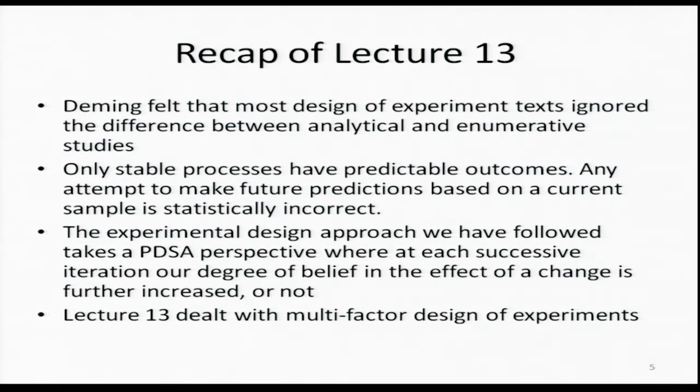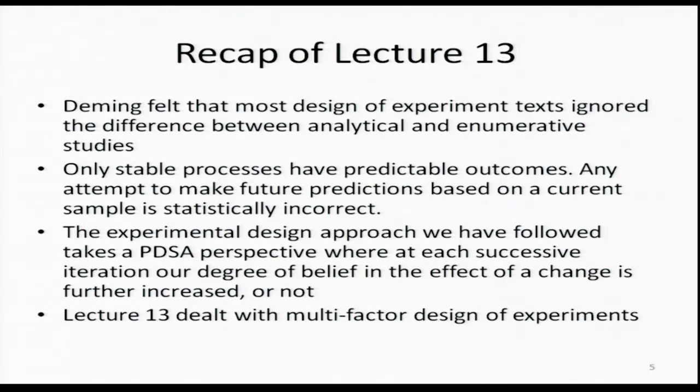In analytical studies, you basically try to predict future events, whereas in enumerative studies, you took a sample from the current population which existed in its totality at the present, and you made some statistical statements about the total population on the basis of that sample.